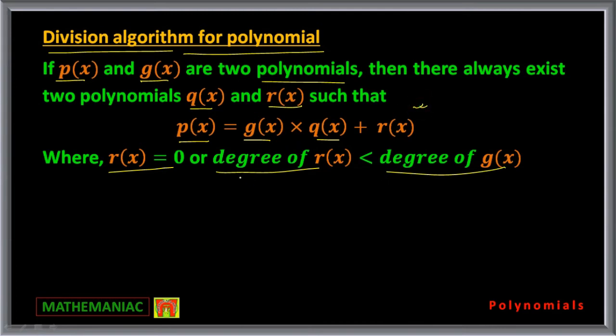Now I'm going to give you a good explanation about how these conditions are coming and how this relation is arrived at, right? So just you see, you all know the divisions. Suppose you are going to divide a polynomial p(x) by another polynomial g(x). For division it is very necessary that this g(x) has to be a non-zero polynomial, right? It can be a constant. So I'm dividing p(x) by a divisor g(x).